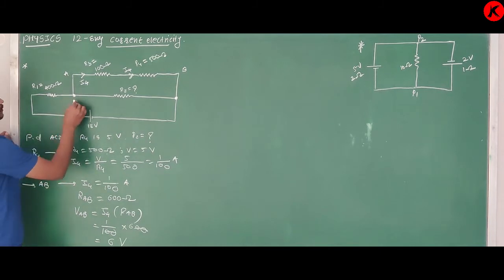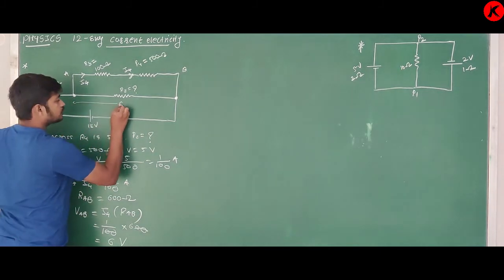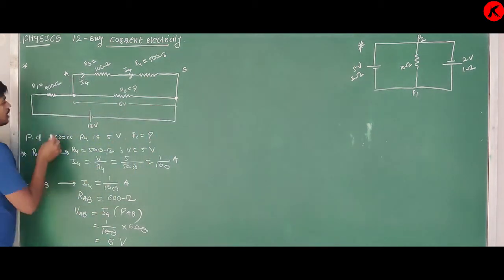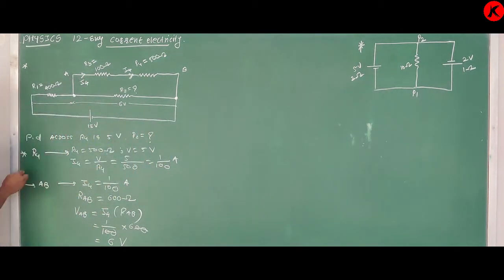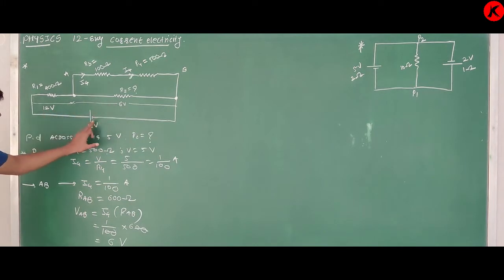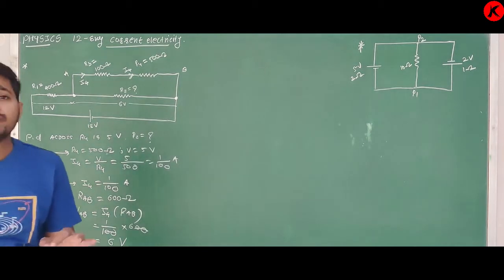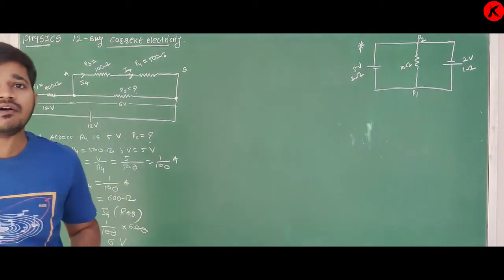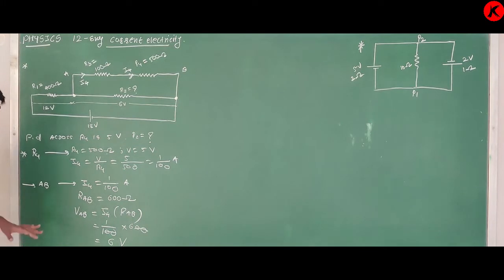If the potential difference across these two ends is 6 volt, then obviously the potential difference across the other two ends would be 12 volt. So 12 plus 6 is equal to 18. Yes, it is possible when you have a cell of negligible internal resistance. So the potential difference between the two ends of resistor R1 is 12 volt.